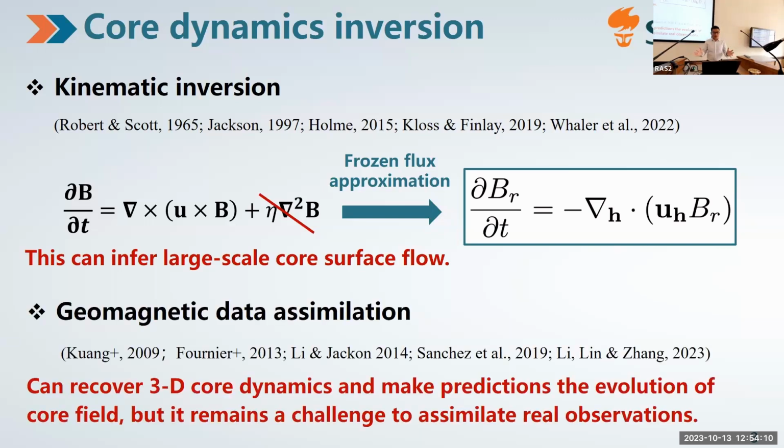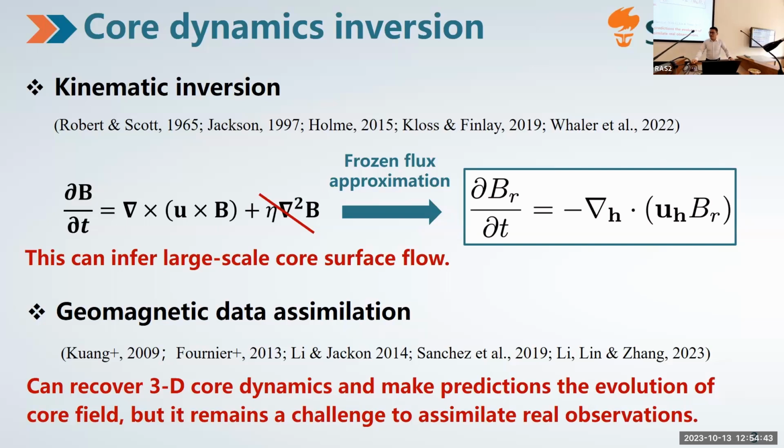Another approach is the so-called geomagnetic data assimilation, which has been introduced in the field over the past decades. In the data assimilation framework, you can incorporate observations into the fully 3D MHD dynamo equations. In principle, we can reconstruct the whole three-dimensional core dynamics from the observations, and we can even make predictions of the magnetic field evolution.